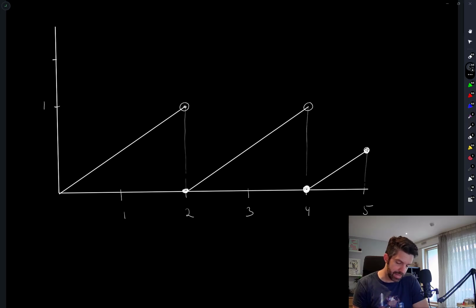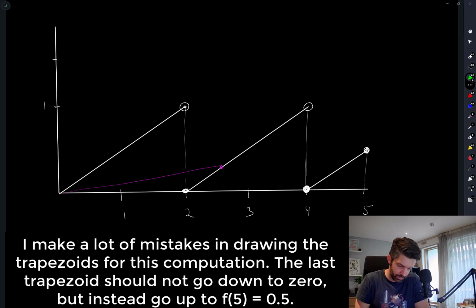We could just compute the area of these triangles and that would give us the full integral. If we use two strips, if I draw this in green, then the trapezium rule would be the area under that curve, which is clearly going to be an underestimate. So let's ignore that.